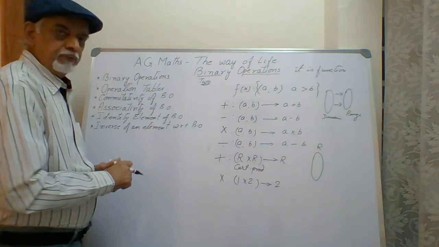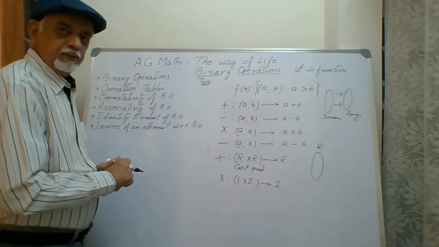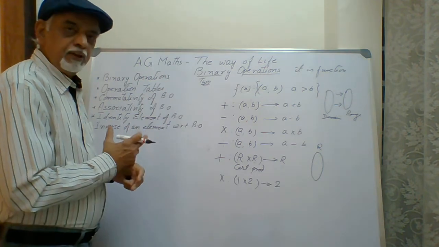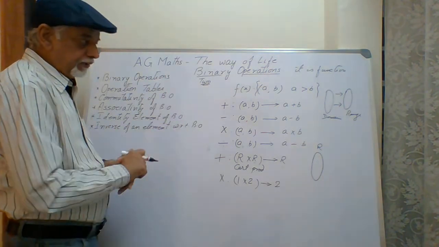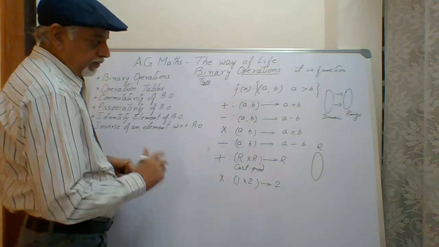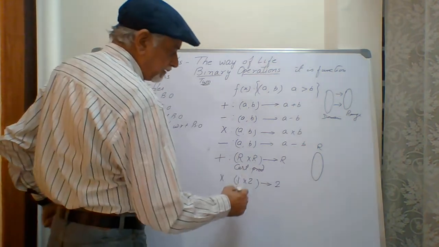We cannot have a negative number here. A negative number can come in real numbers, but it will not come in natural numbers.